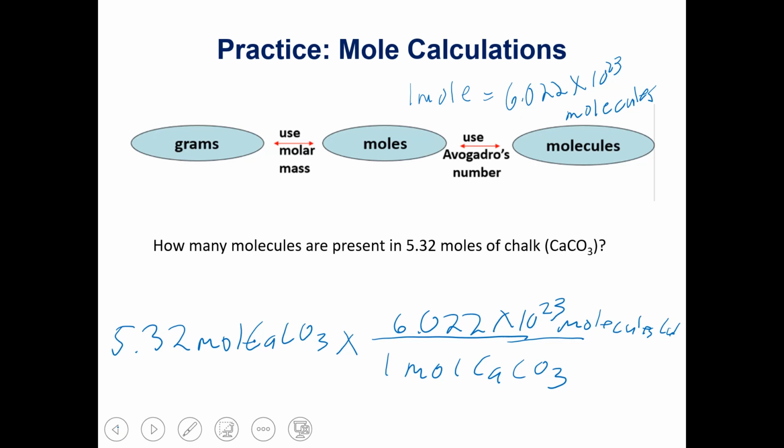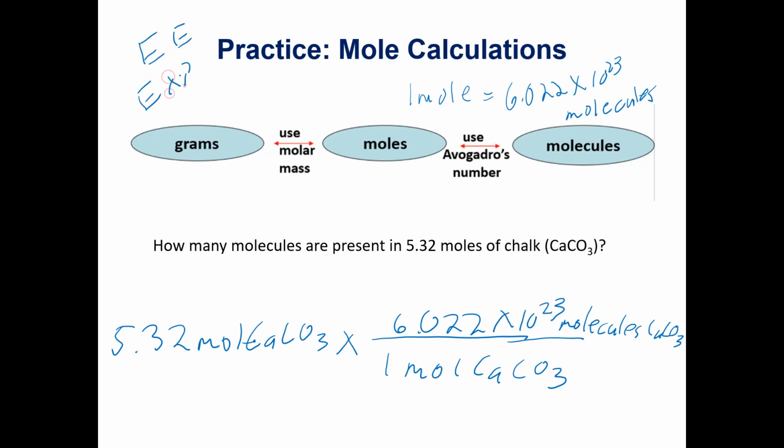Running out of room here. Now, when you type this into your calculator, do not type times 10. Find the E button on your calculator. It will usually be EE or EXP. And use that button.